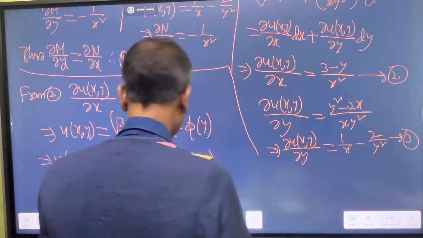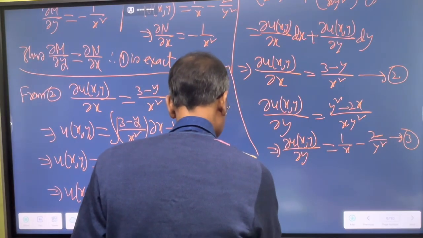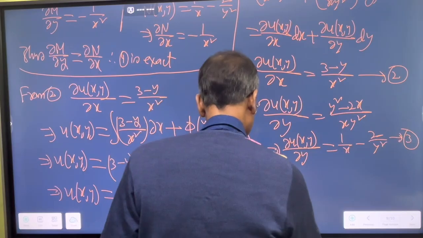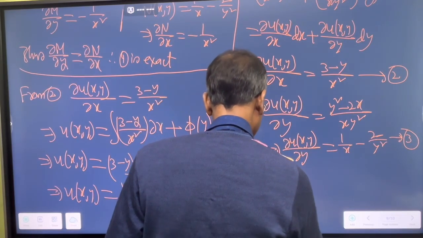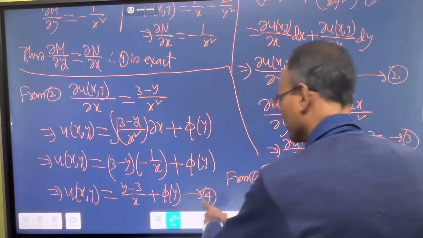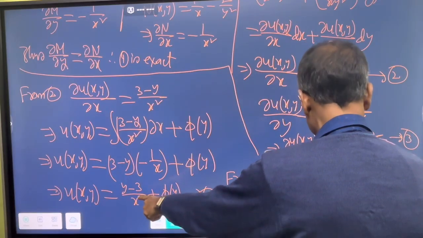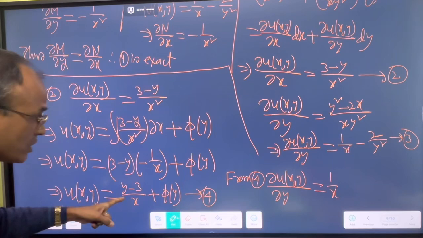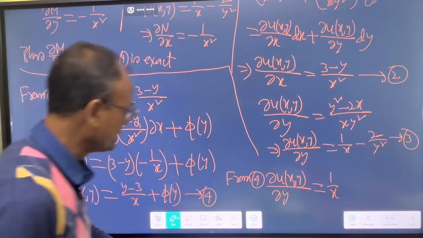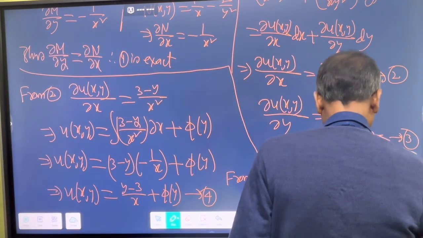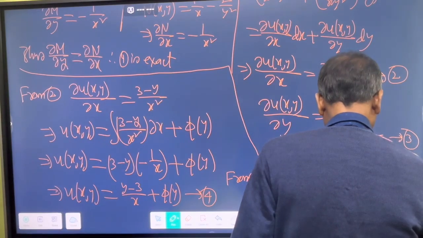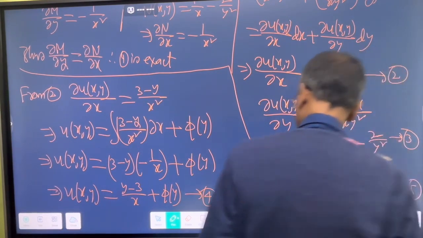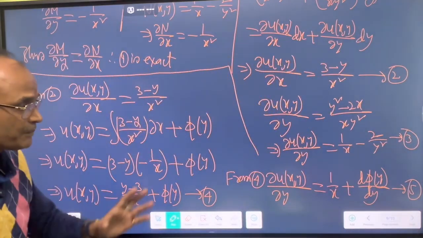From 4, differentiate with respect to y, you will get ∂u/∂y = 1/x + dφ/dy. This is number 5.